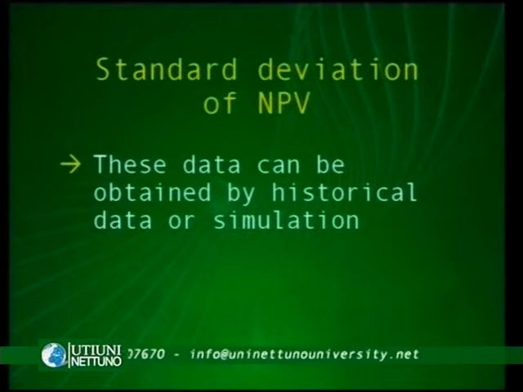The other potential source of information about data that are needed for the calculation of the standard deviation is represented by simulation. So even though we don't have historical data, we can assume some given causal relationship between the variables that determine in the end the cash flows, and then we can randomly extract from an assumed distribution some values for these variables, and then test which cash flows we obtain.